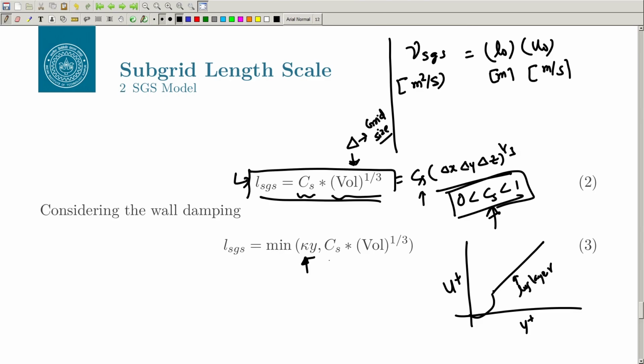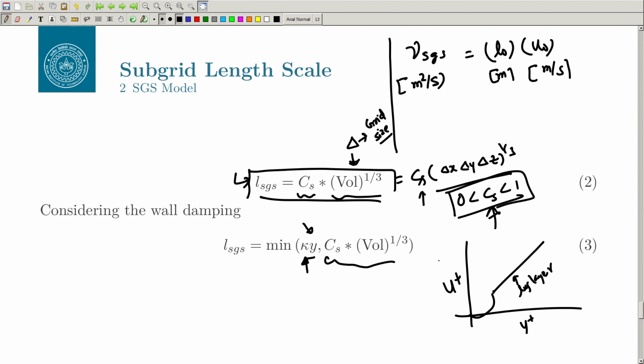In all other regions you can use CS delta to the power 1/3, but if it is a wall-bounded flow you need to respect how the velocity satisfies the no-slip condition very close to the wall. That is why this kappa y comes into the picture, and you can take the minimum of kappa y or CS multiplied by delta.